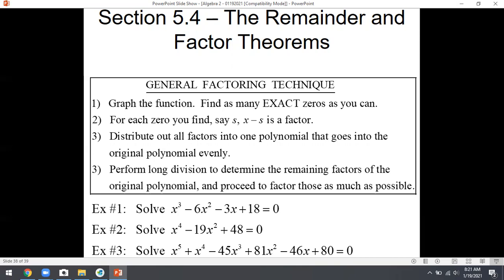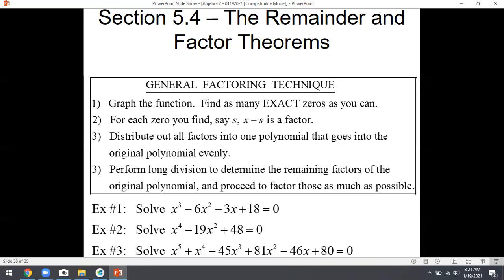If it crosses at 1.142857 and you don't know what that is, don't use it. Use a number you're 100% sure you know what it means. If it crosses at 3, great. 3 is 3. I can use 3. Crosses at -6, great. Make sure you use a clean number that you know. Number 2 is the big one. If you find a 0, say the number is 7, then x minus 7 is a factor.